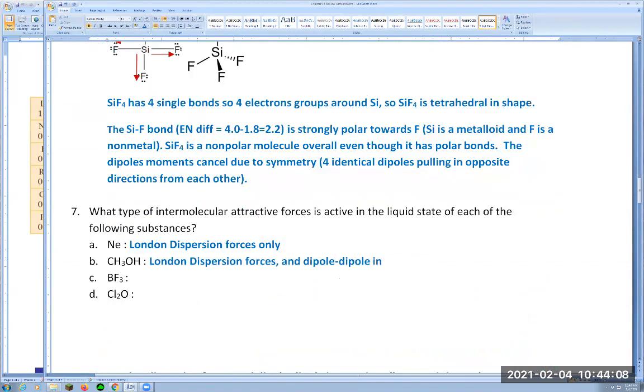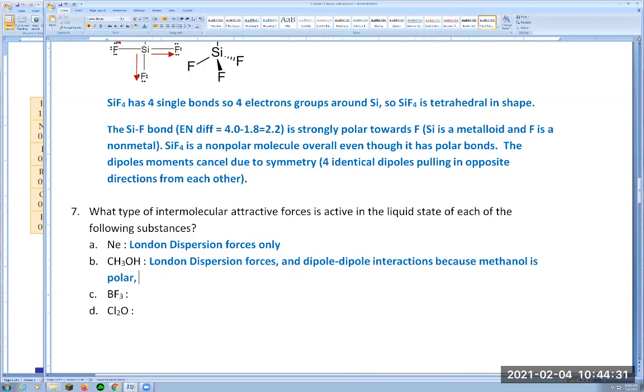So dipole-dipole interactions are happening because methanol is polar, because we have a dipole. And the last thing you need to decide is, do we have hydrogen bonding or not?